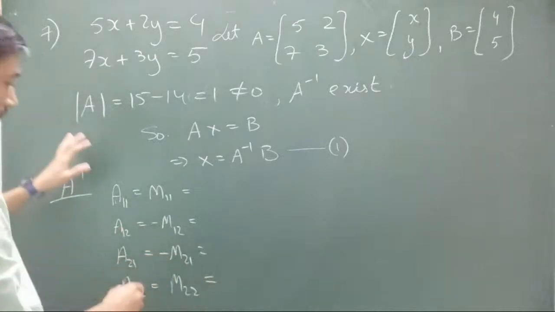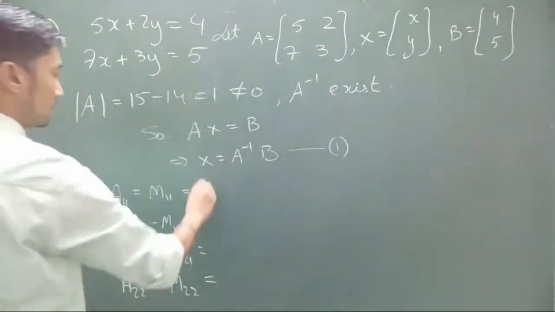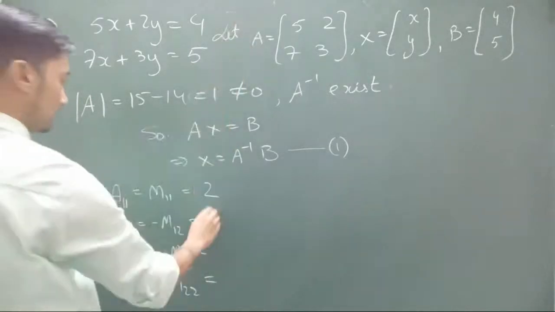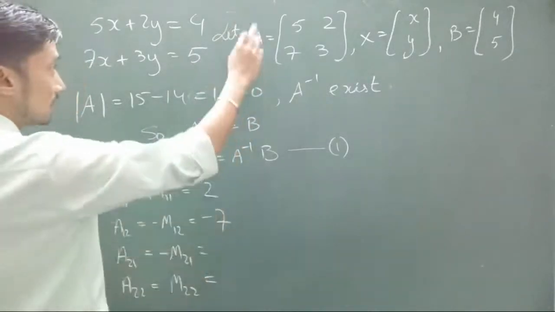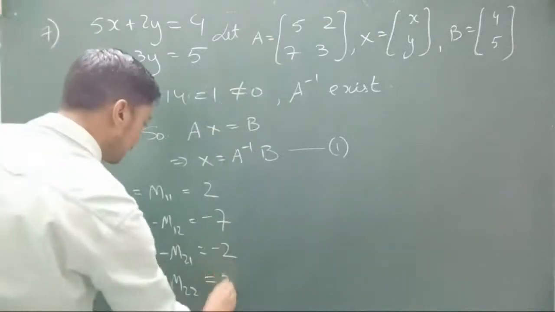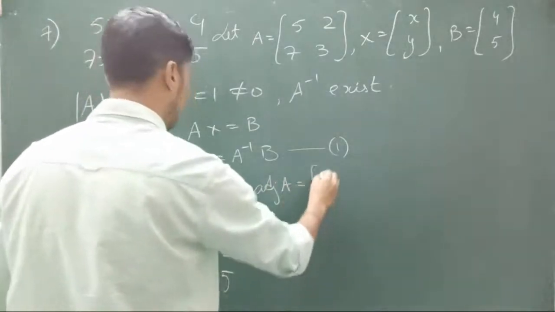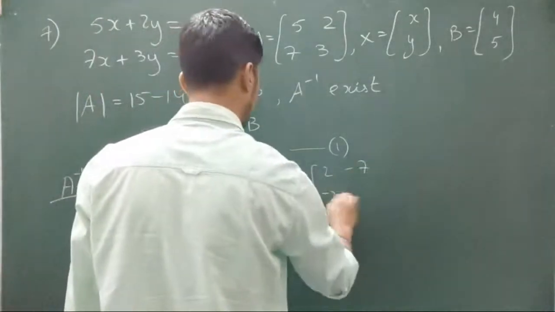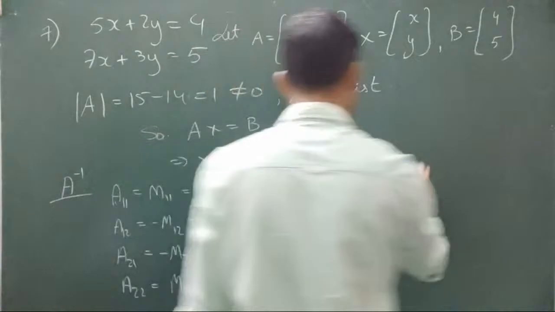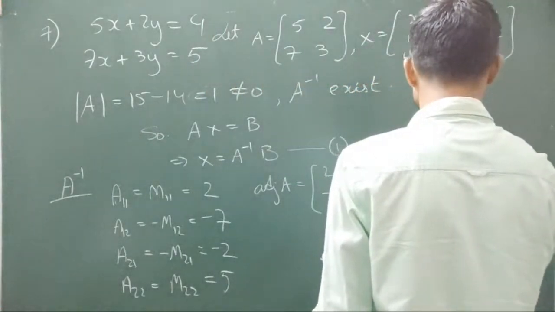M11, 3, M12, minus 7, M21, minus 2, M22, 5. So the adjoint of our matrix A would be the transpose of 3, minus 7, minus 2, 5, that's going to be 3, minus 2, minus 7, 5.